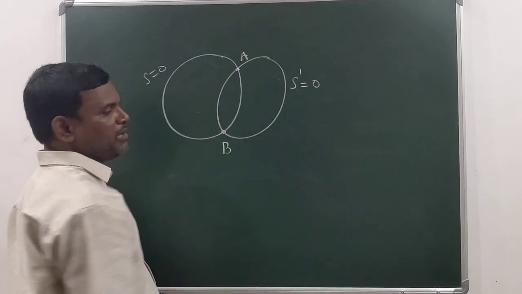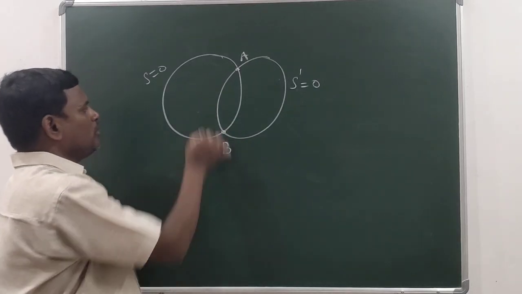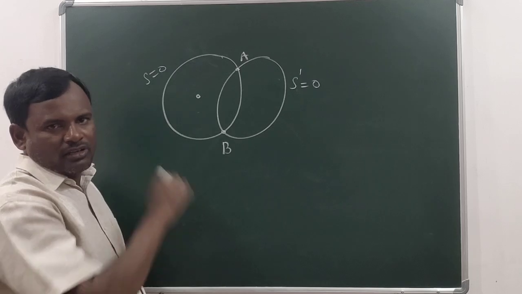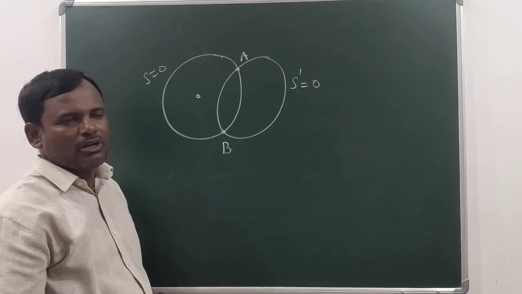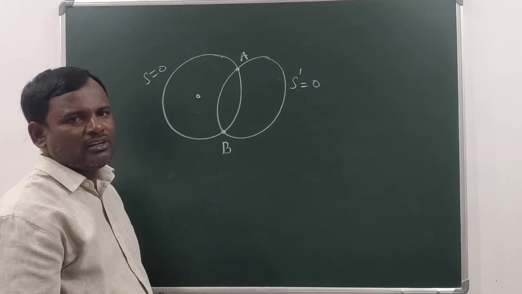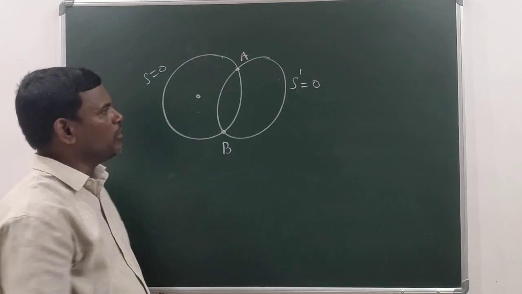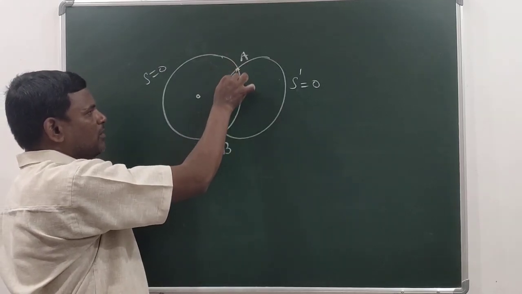Let us name them A, B. You know students, here we have one formula. That formula I am going to give you now, but before that, I will explain the original procedure of how to find this length of common chord.